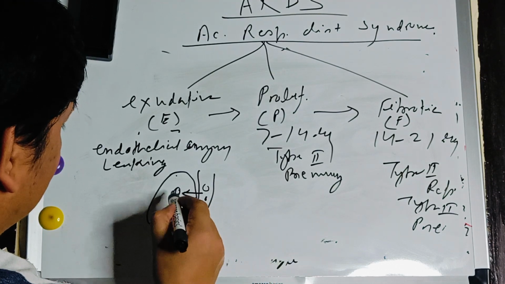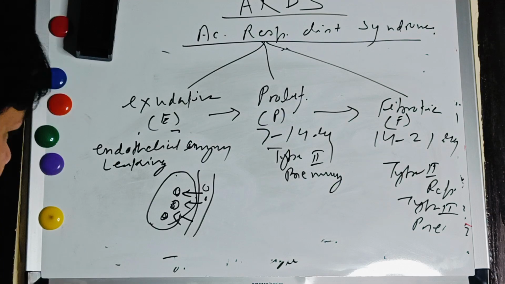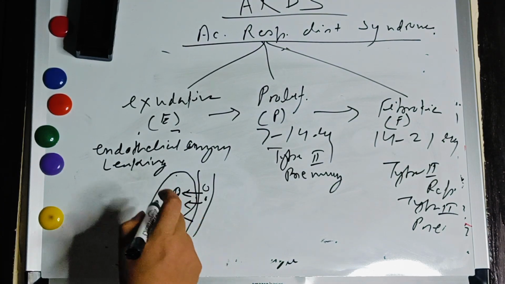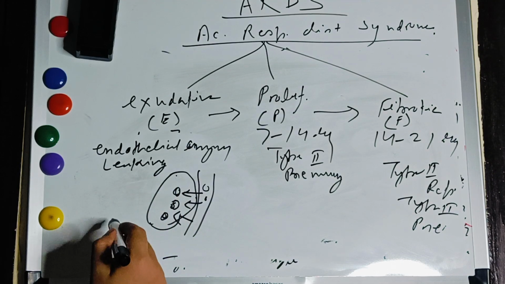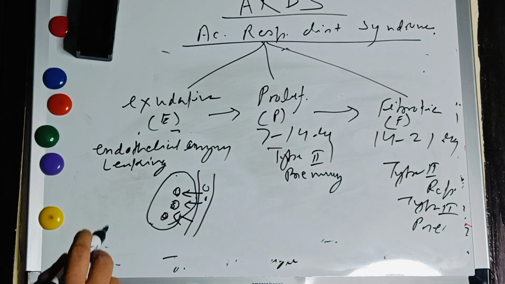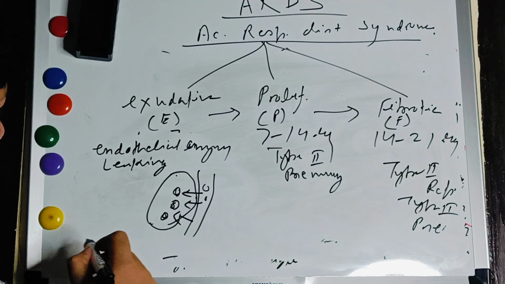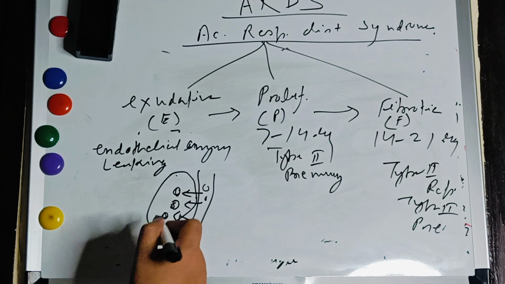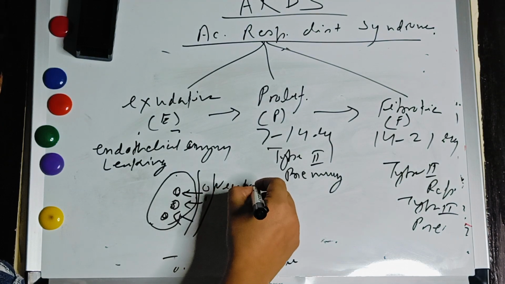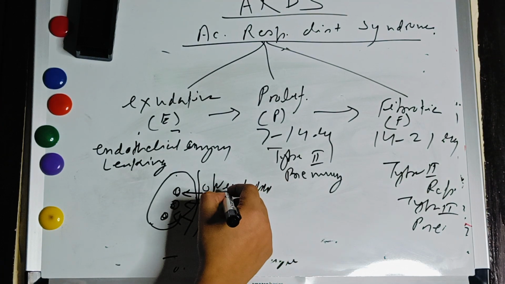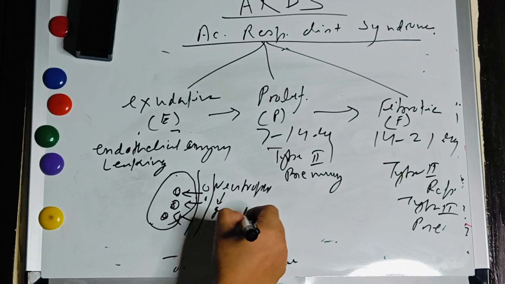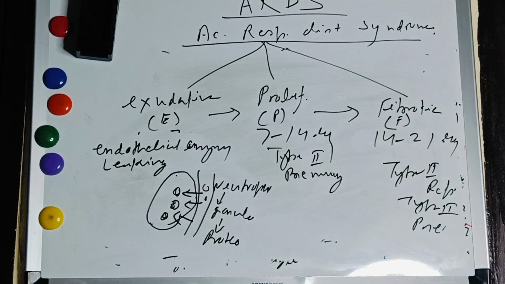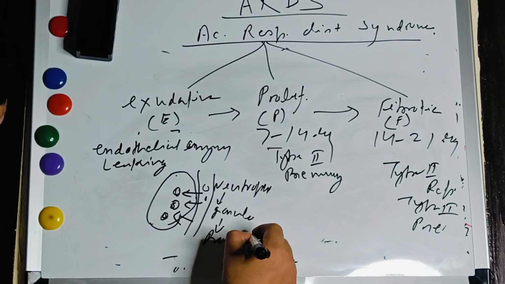The neutrophils cross from the capillaries, and then neutrophils release their granules. Neutrophil granules contain various proteolytic enzymes and histamine, serotonin, and various cytokines.